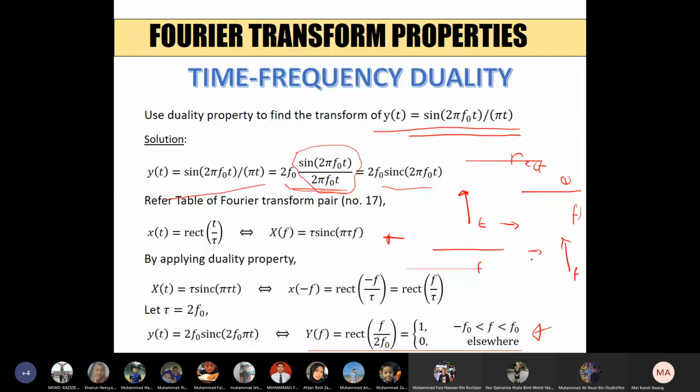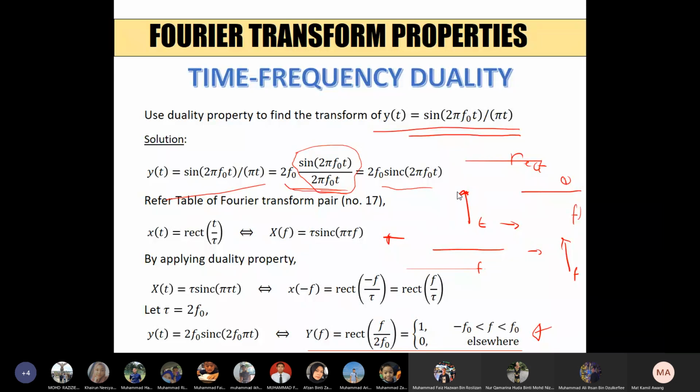Oh, okay. So basically for time frequency duality, you just need to understand it roughly like that. That is the concept: if a rectangular transforms into a sinc function in the frequency domain, then a sinc function in the time domain will transform into a rectangular in frequency. That is time frequency duality.